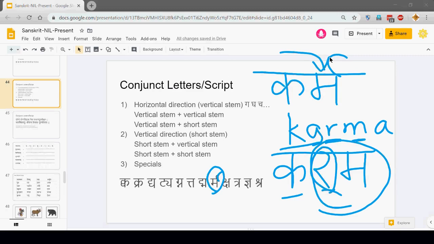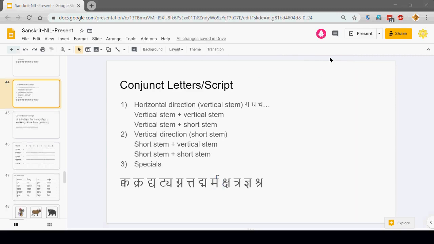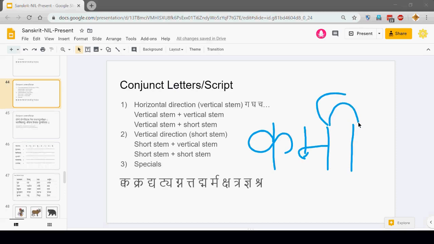Now after that, any other vowel can also come. For example, how do we write karmi, with a long E? First we write this karma and then we add the vowel.